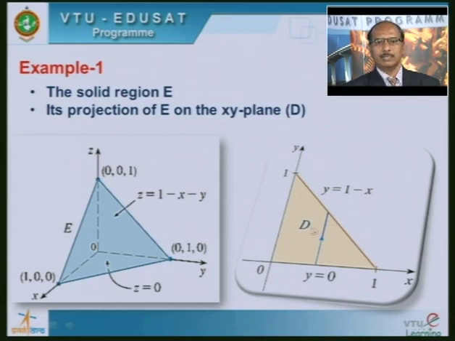In this problem I considered x limits to be constants: x is equal to 0 and x is equal to 1. They are the x limits, and y limits I consider functions of x. So, y is equal to 0, the lower boundary, and y is equal to this straight line, along the y direction. So, y is equal to 1 minus x. These are the limits of the region D in the xy plane.